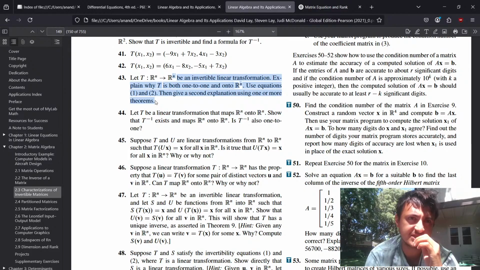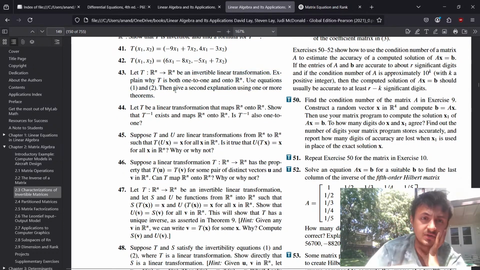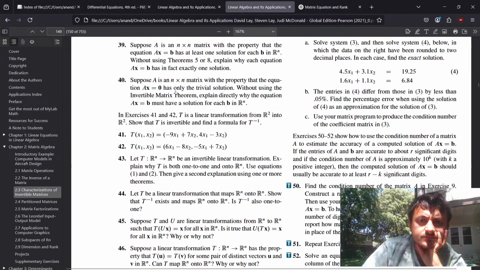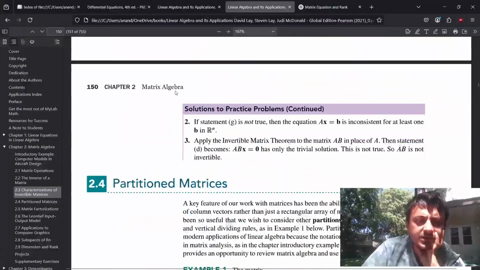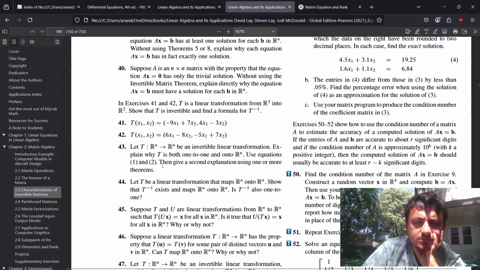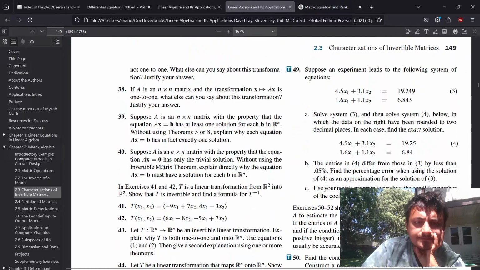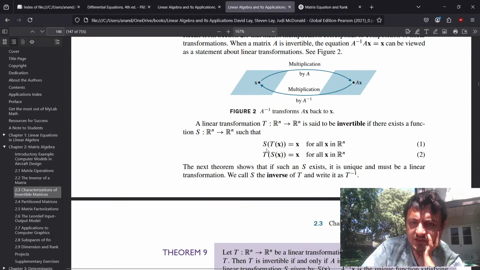And it's onto because for any b, I times b equals b, so b is in the range. So it's one-to-one and onto. Then given it by using one or more theorems, I don't know. It's equations 1 and 2. Oh, wait. What are equations 1 and 2? These.